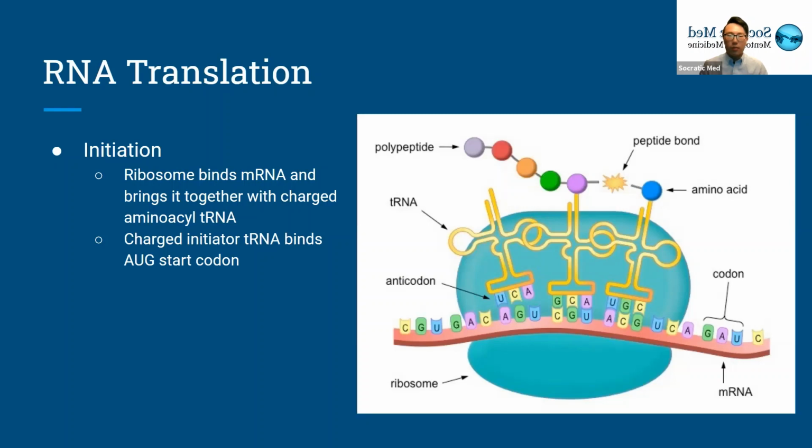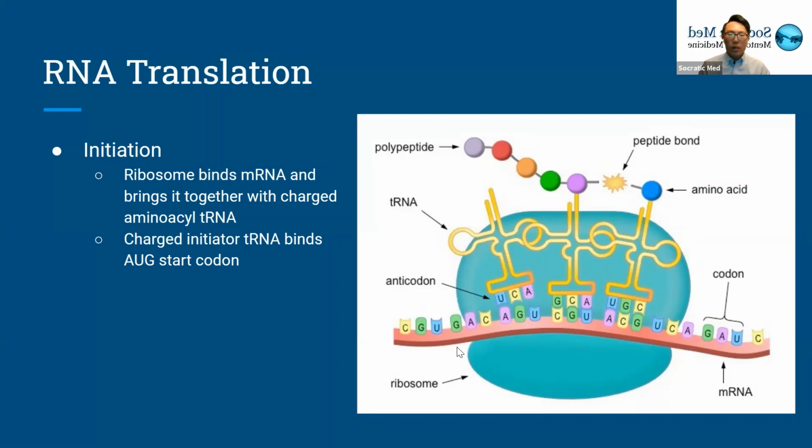And like I said before, it brings it together with the charged aminoacyl tRNA, that's the tRNA that is bound to an amino acid. When it brings the mRNA and tRNA together, if the codon and the anticodon match up, it will add the amino acid to the growing chain of the polypeptide.